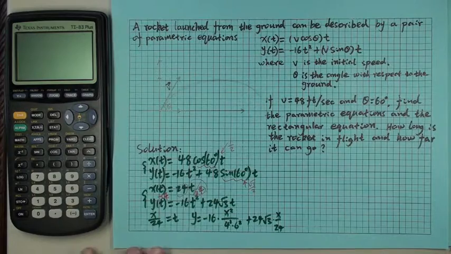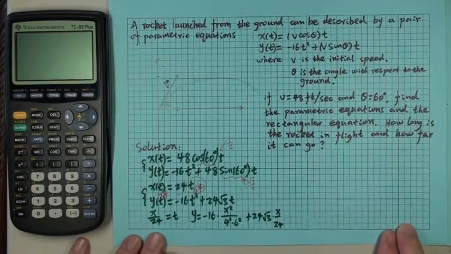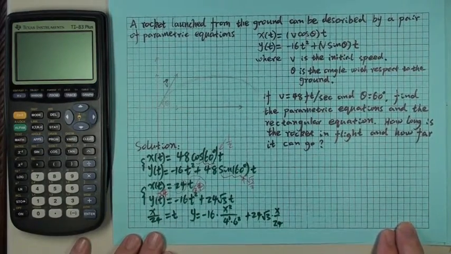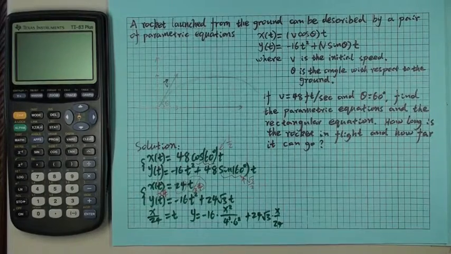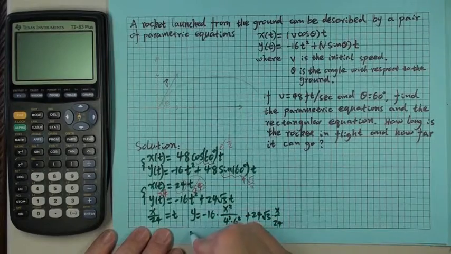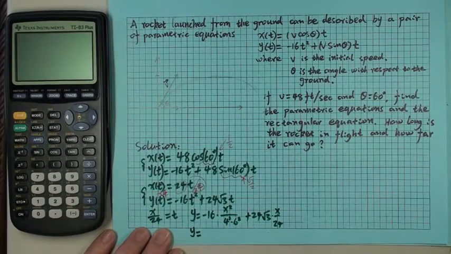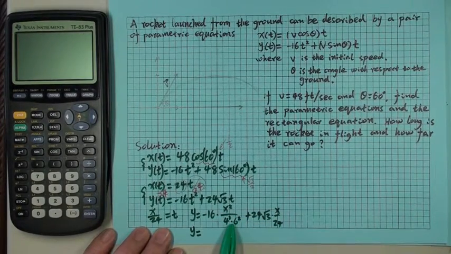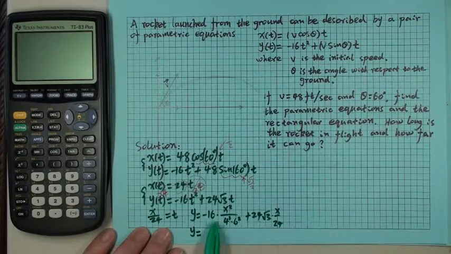Keep going. 4 squared is 16, which cancels this 16.